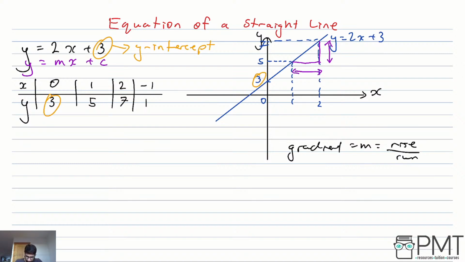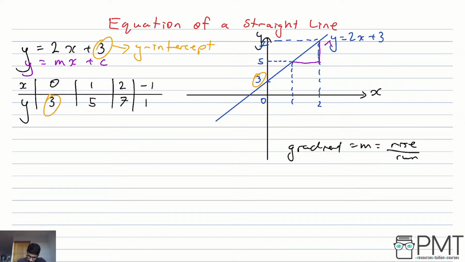So how can we find that? If you wanted to calculate the gradient of this line, I am saying that it's 2, but how can you prove that, or how can you check that I'm right? I just said, oh, it's 2. The number in front of x is the gradient, but can you actually check that it is correct?